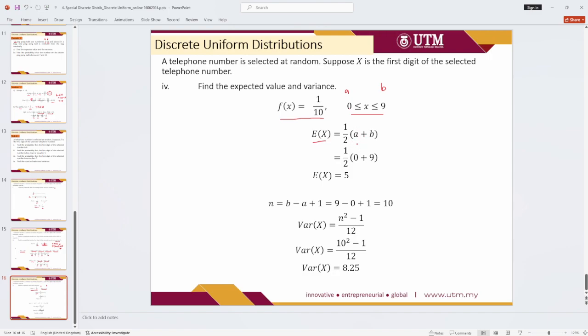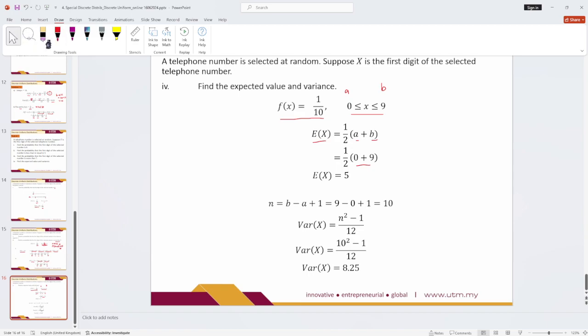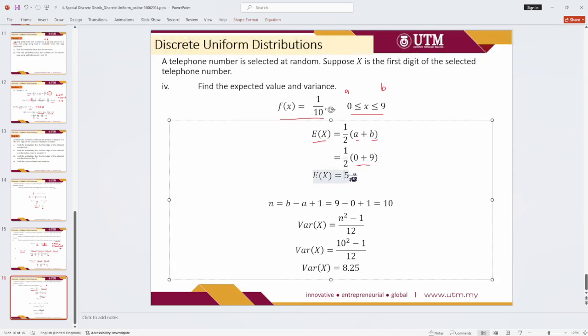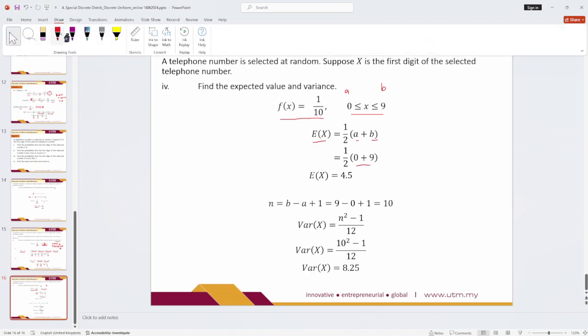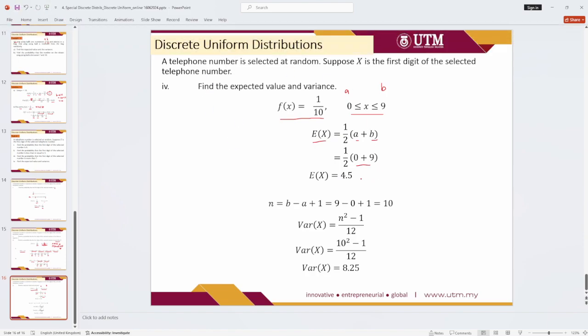So just input the values. 0 plus 9 is 9, and 9 over 2 is equal to 4.5.